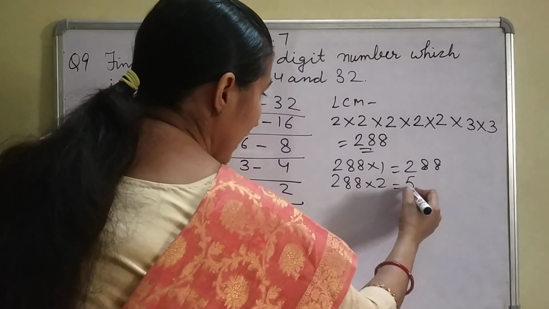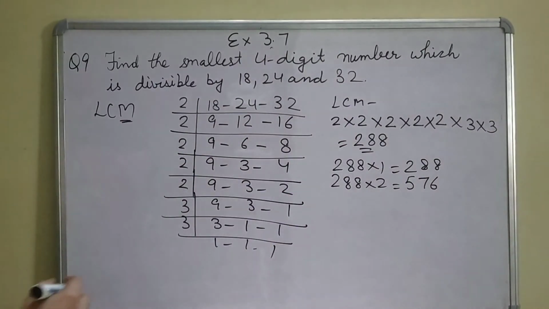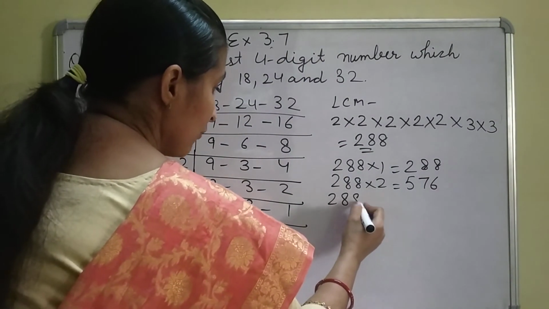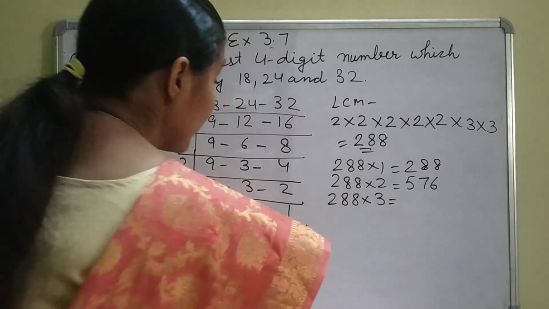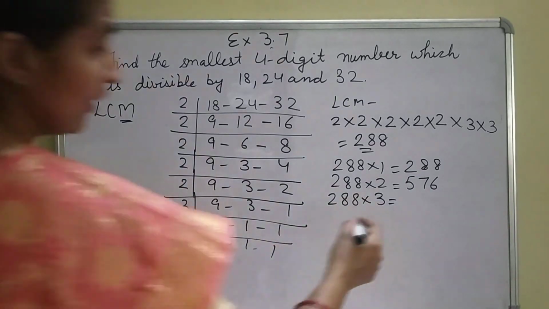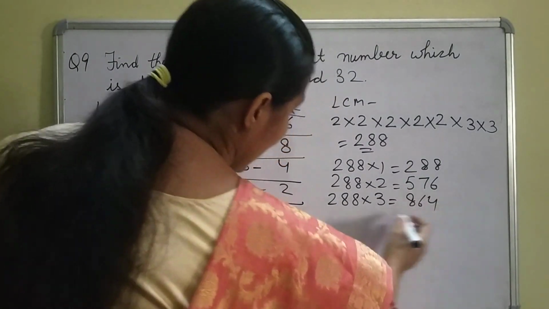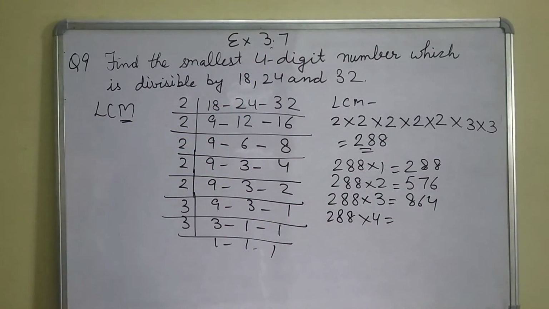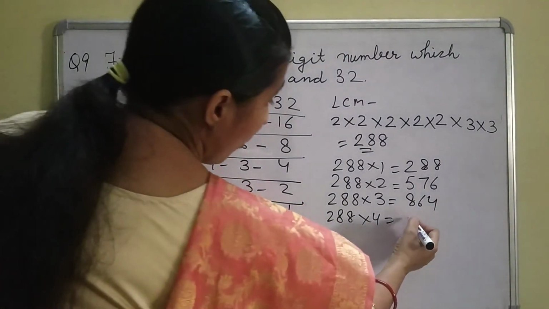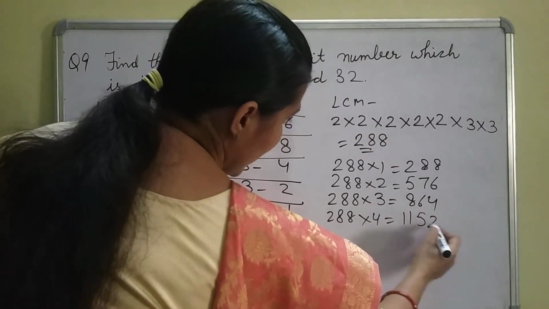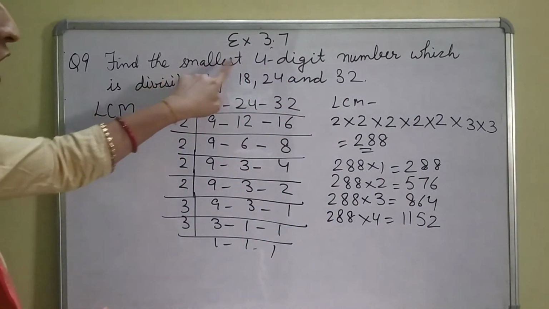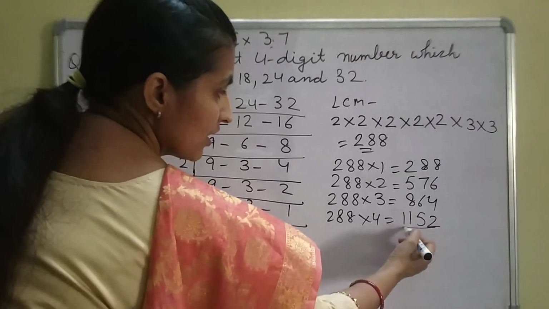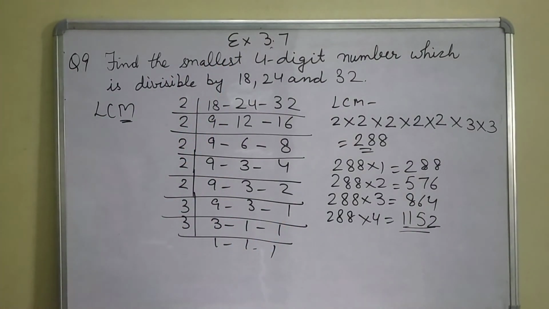When we multiply it by 2, we get 576. Then we multiply it by 3 and get 864. When we multiply this by 4, what do we get? We get 1152. We need the smallest 4-digit number, so this is the first 4-digit multiple. So this is the required answer of the question.